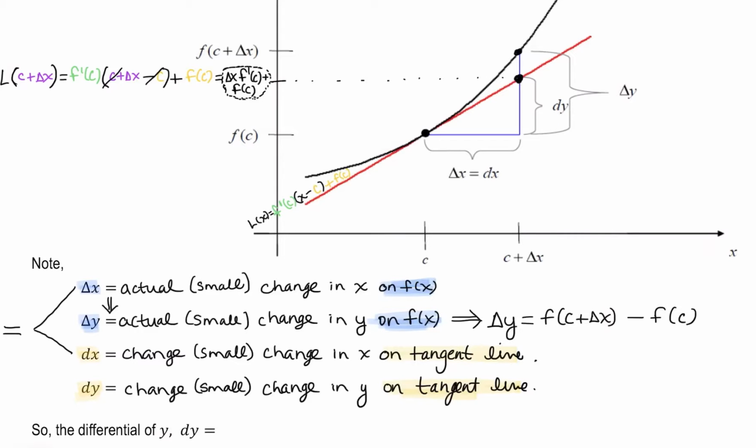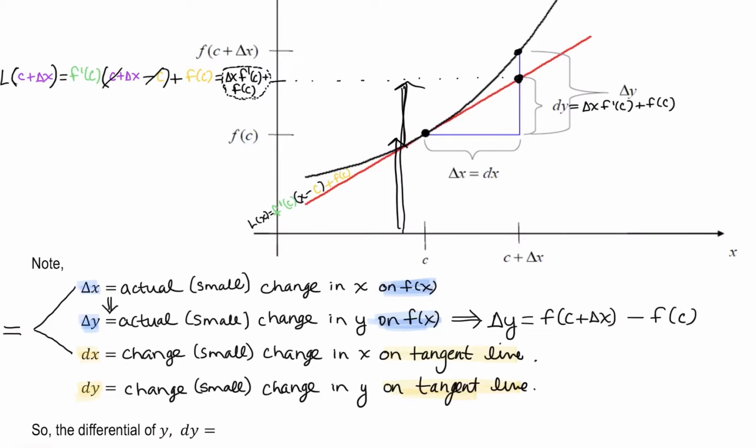Okay, so with that, to find my dy is just my change in y's here on the tangent line. So I take the value that goes all the way up to here, that's the value that we just found. So that is our delta x times f prime of c plus f of c. I know it looks ugly, but that's what it is. And then we subtract off the height going up to here.